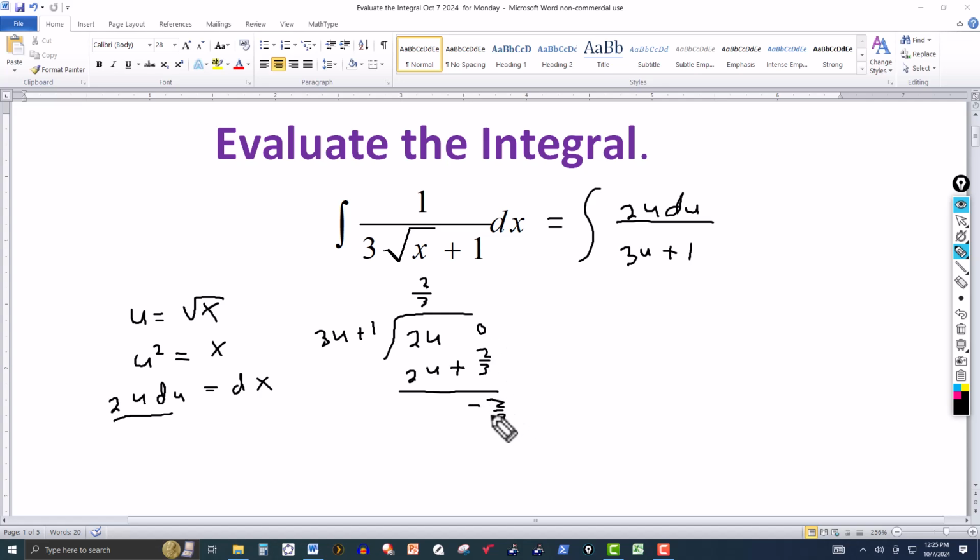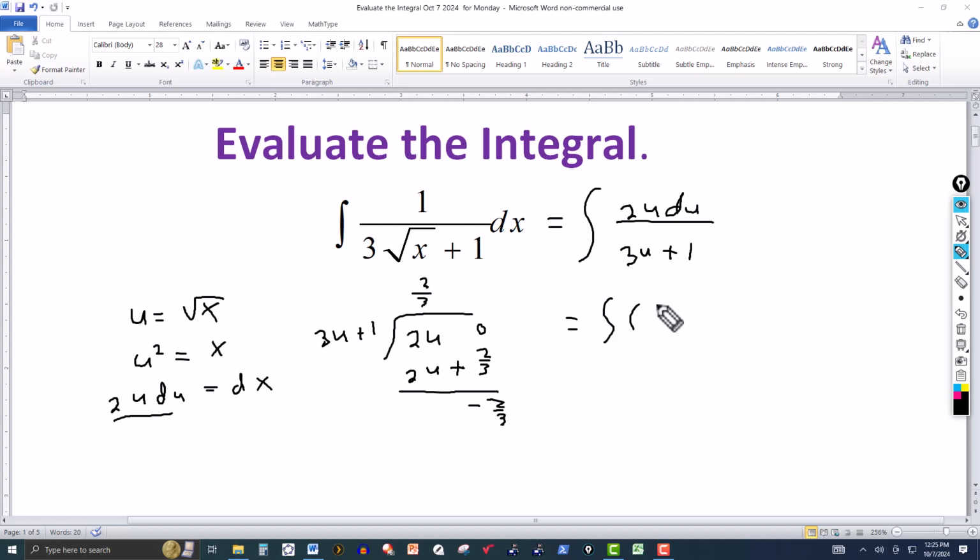Since the degree of the remainder is less than the degree of the divisor, we can stop right there. And we can go ahead and just replace the rational expression, this right here, 2u over 3u plus 1, by what we get.